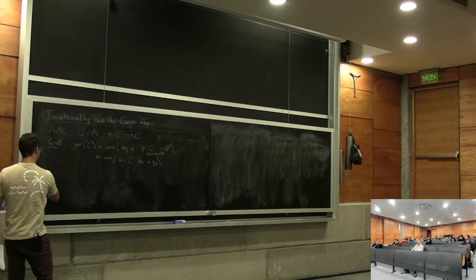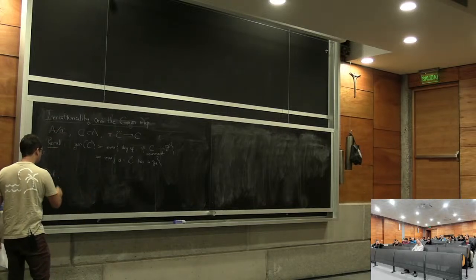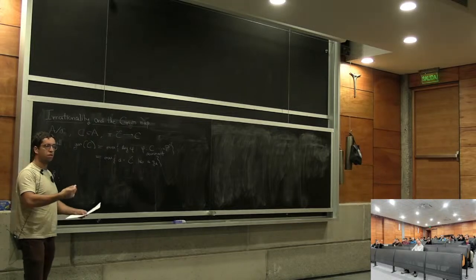And I want to make the following definition. Basically, when you have a curve on an abelian variety, you can always translate that curve. So I want to get rid of those translations.